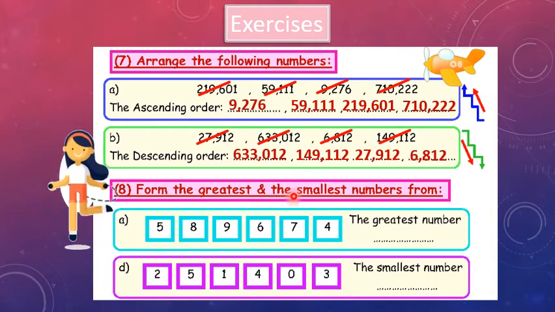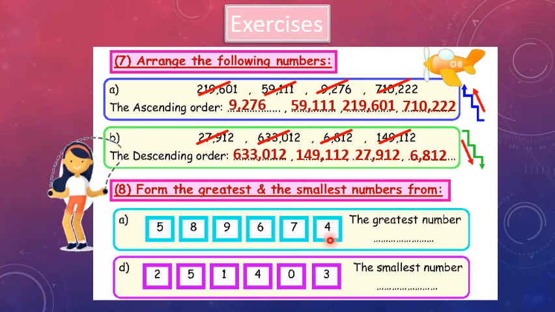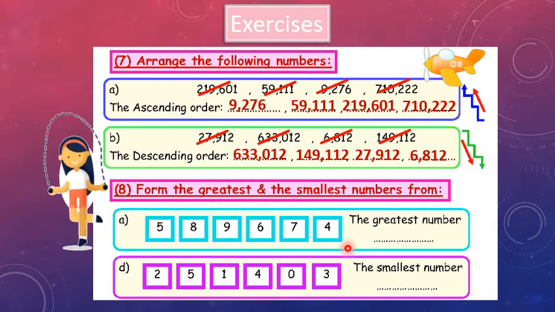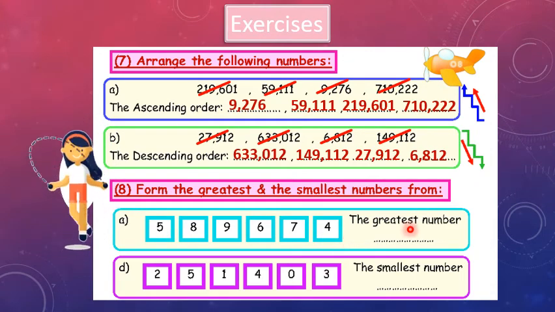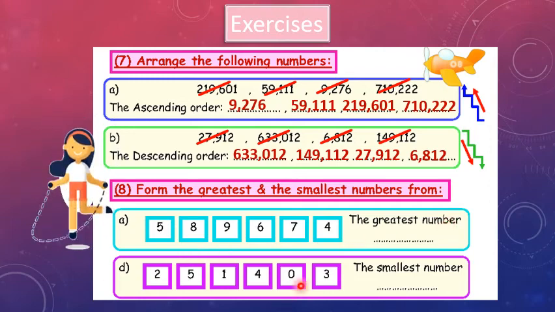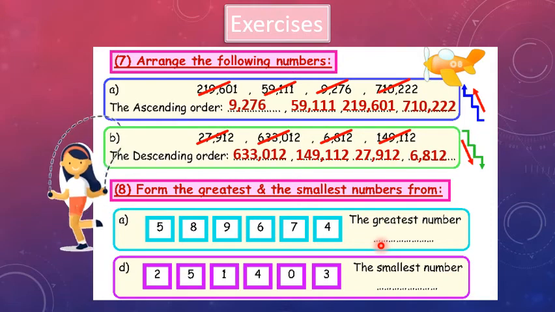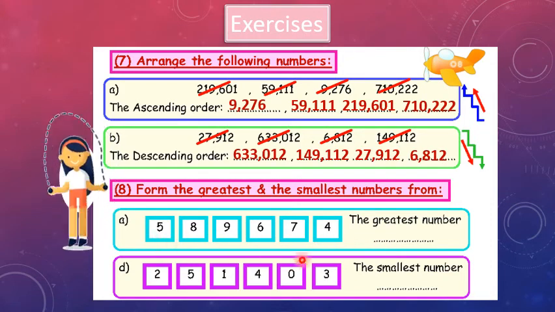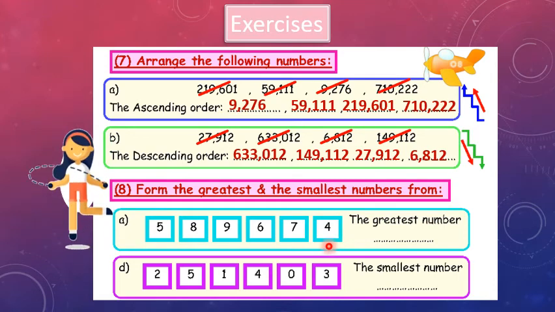Form the greatest and the smallest numbers. Here we have some cards, and we want to form the greatest number, and some cards to form the smallest number. If you remember, in the first part of this lesson, we have cards, and the greatest number will be formed like this: we will take the greatest digit in the highest place value.